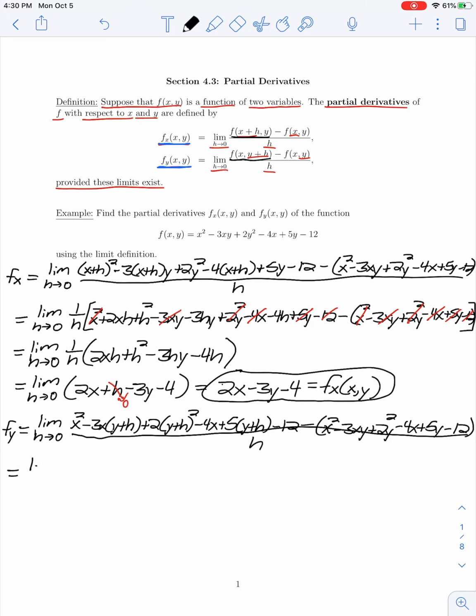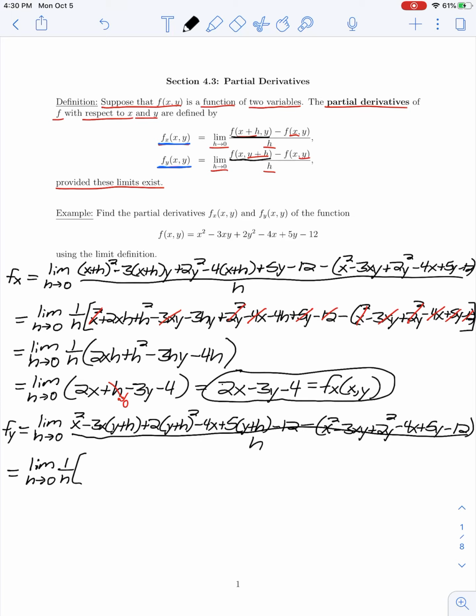So as with the partial derivative with respect to x, for notational simplicity, instead of thinking about this as a quotient throughout, my division by h I'll think of as multiplication by 1 over h.